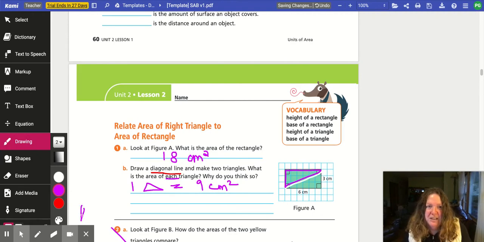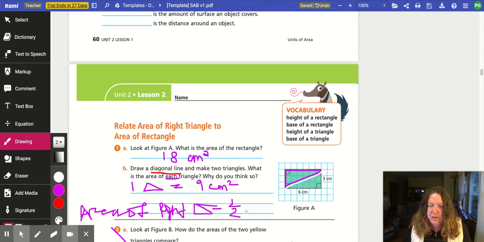And I know it's 9 because here's how we figured it out. We did the area of, sorry, this writing is really rotten, area of a right triangle equals 1/2 a group of base times height.